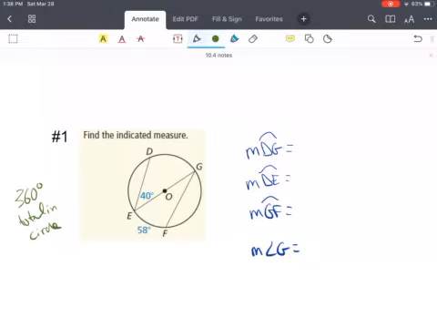And so we have one inscribed angle right here, which is 40 degrees, and it intercepts this arc DG. So that means that 40 has got to be equal to half of its corresponding arc. So that means that arc DG must be 80 degrees.